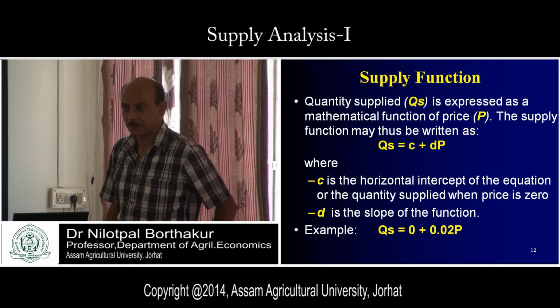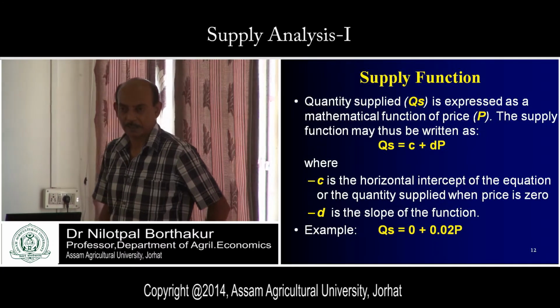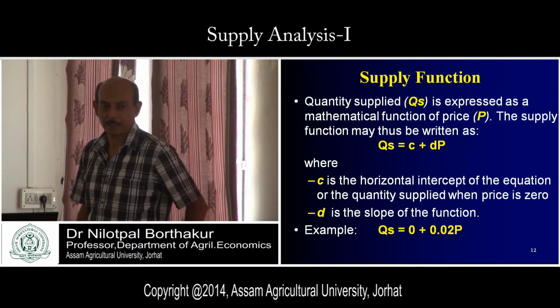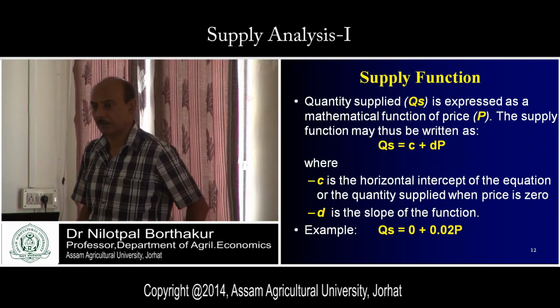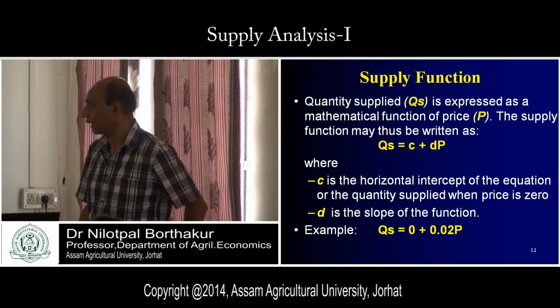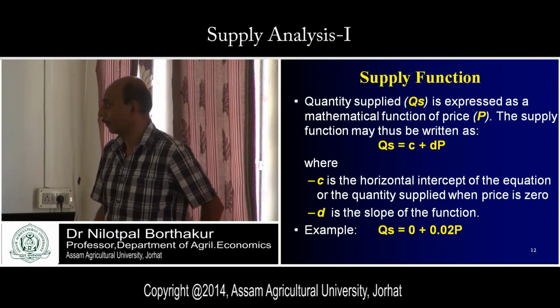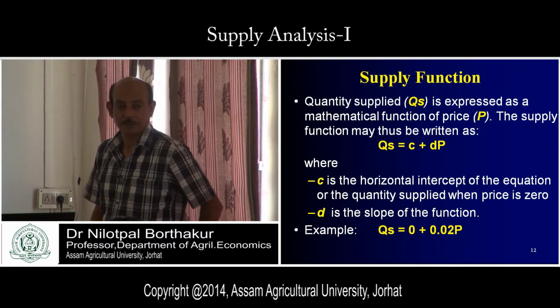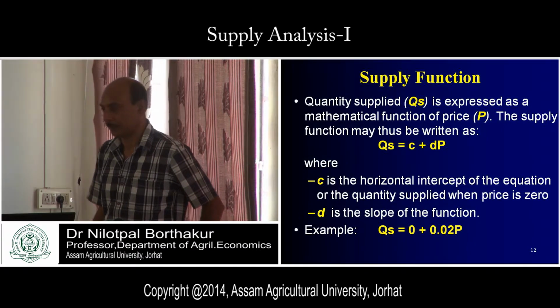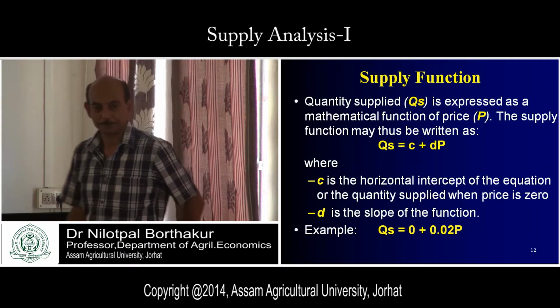When there is no price of the commodity, there is no quantity supplied, or there is no quantity available in the market. But as price goes up, quantity supplied will be increasing by this component, 0.02. This is the slope of the function.